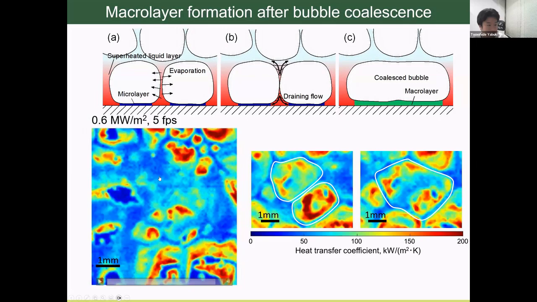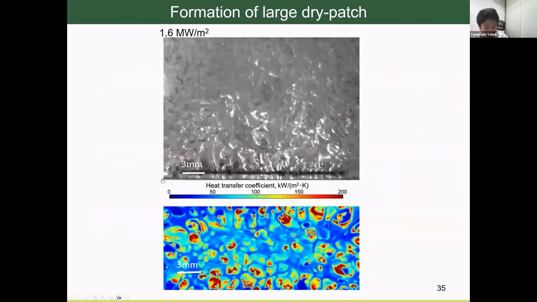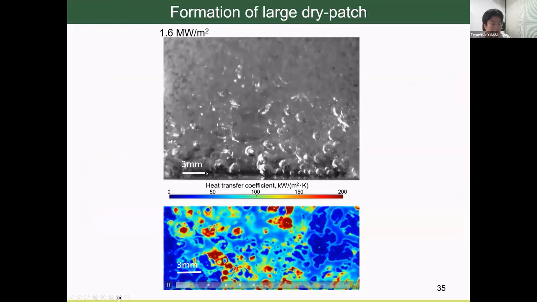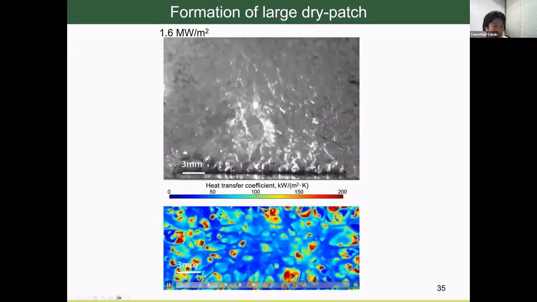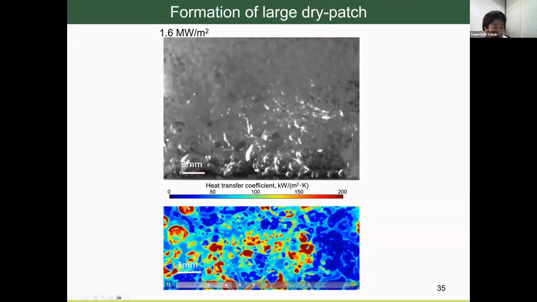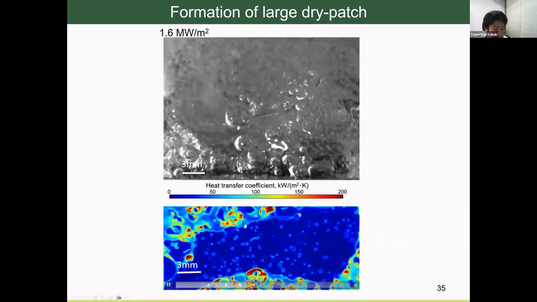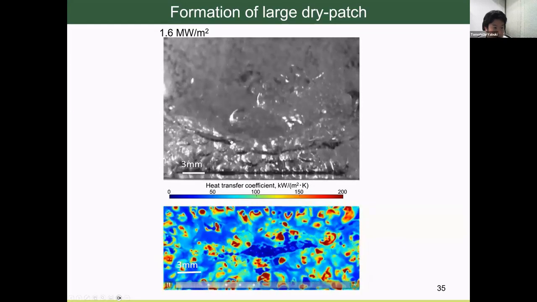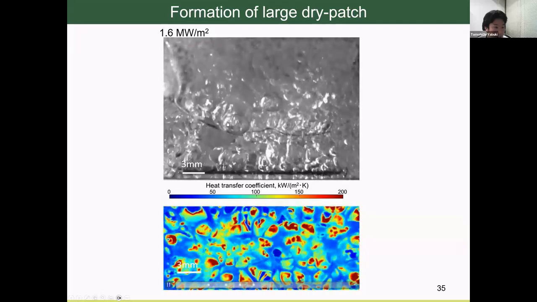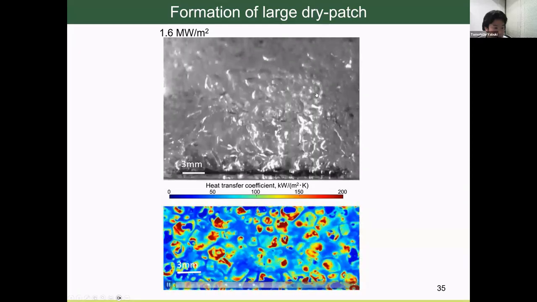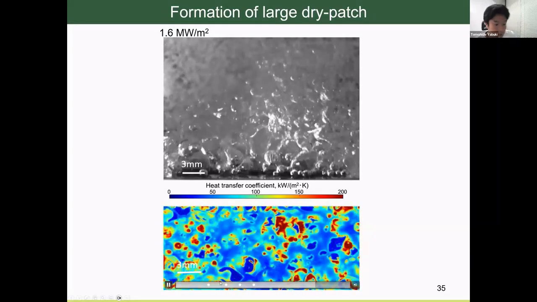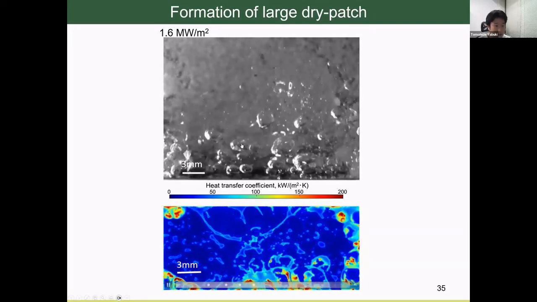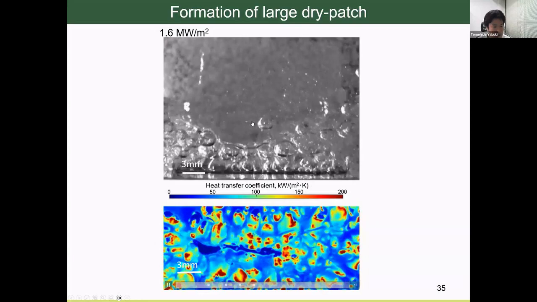Then this shows the result at the maximum heat flux in our case. There you can see the very large dry patch under the large mushroom bubble. However, the dry patch is rewetted after the bubble detachment.